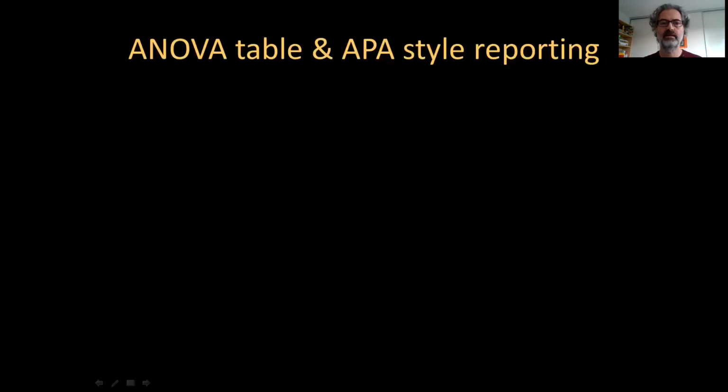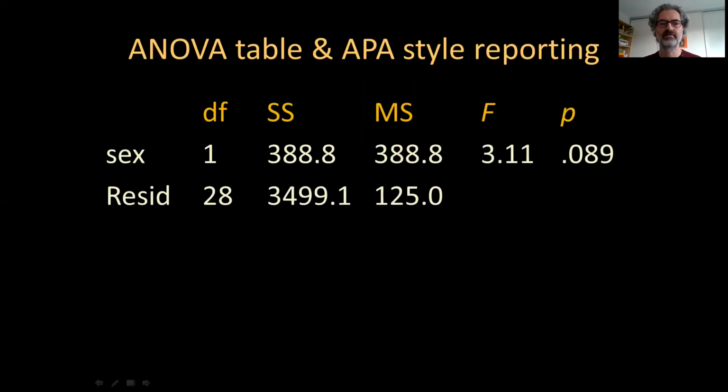F-tests are typically reported using a special table. The table looks like this. There is a line for each variable and a line for the corresponding residual. So here, in this row is the sex variable, and in this row is the residual. The sex variable, our grouping variable, has 1 degree of freedom, because there are 2 groups.